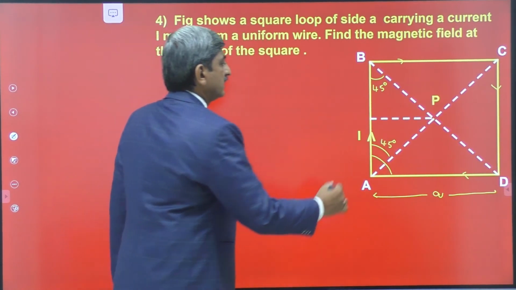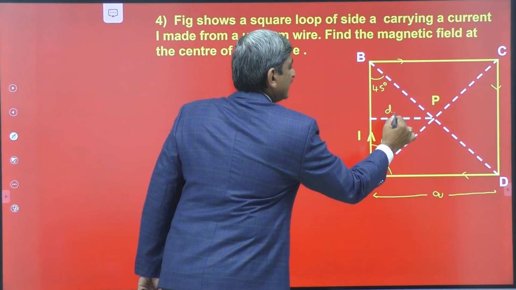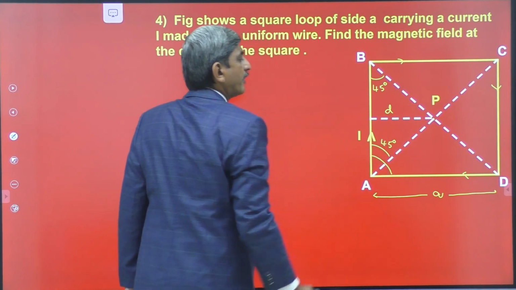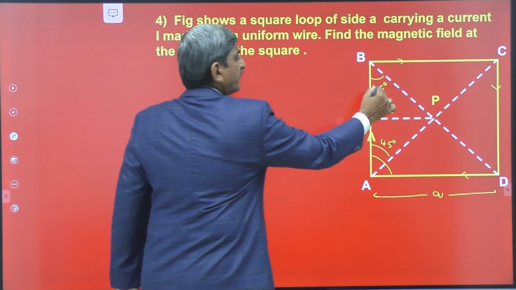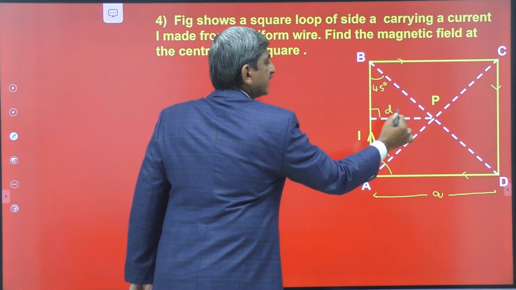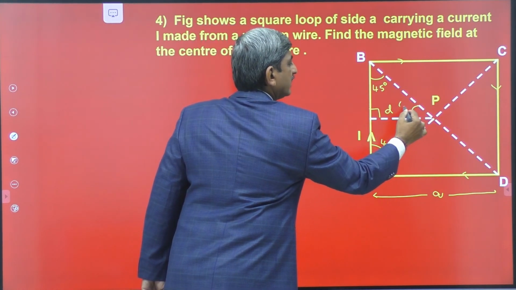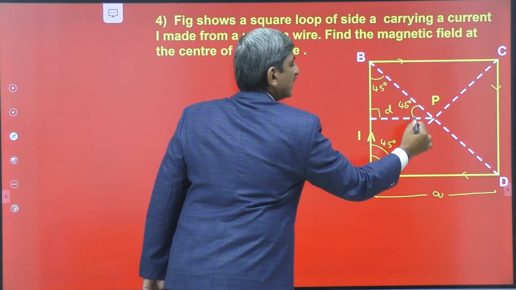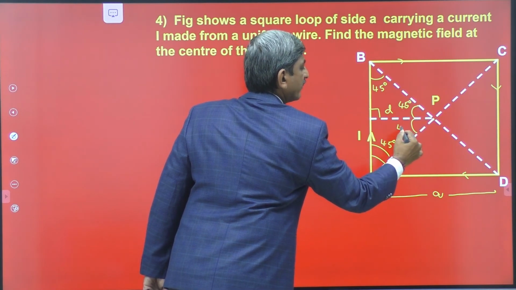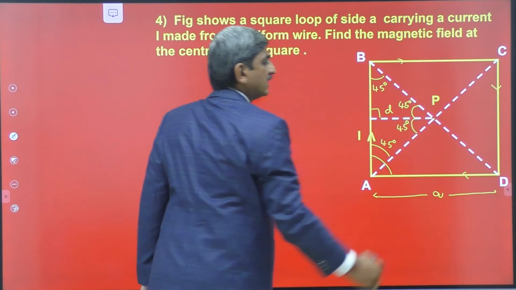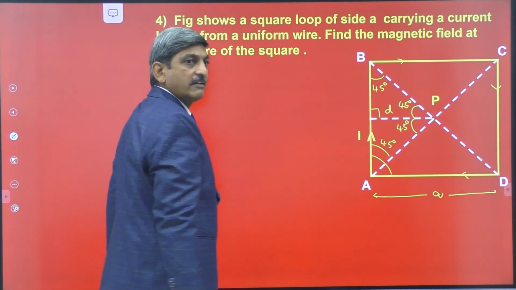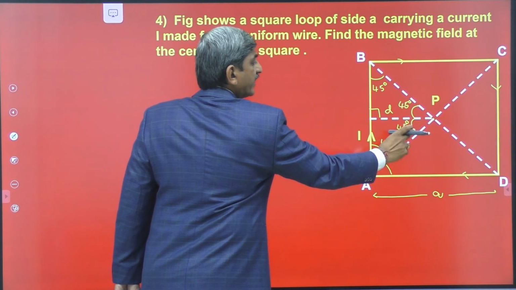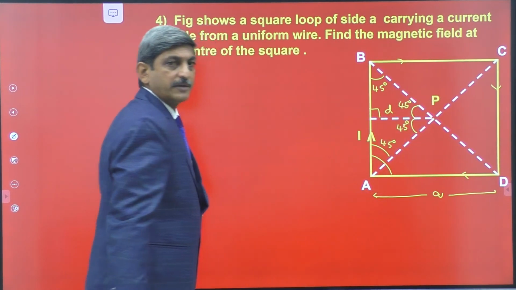Now let D be the perpendicular distance of the given point P from the AB wire. If this is 45 degrees, this is 90 degrees, then this is automatically 45 degrees and this is also 45 degrees. That means the points A and B are elevated at angles 45 degrees at point P.